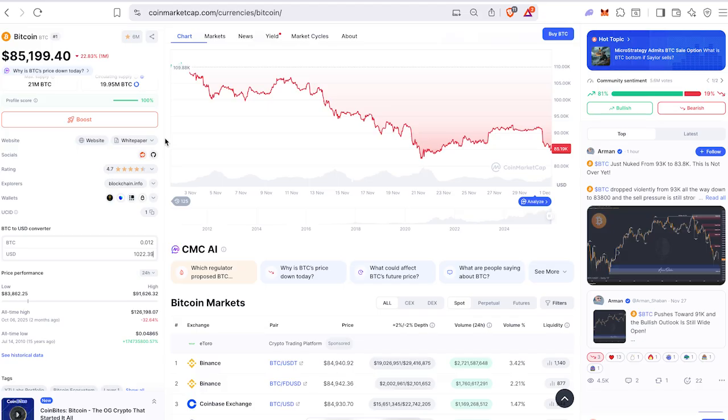Because like many of us, we don't have $85,000 lying around to throw into buying one whole Bitcoin, but maybe you have $10 that you can throw into Bitcoin. So you'll just plug in right here, 10, and you could buy 0.00012 Bitcoin.